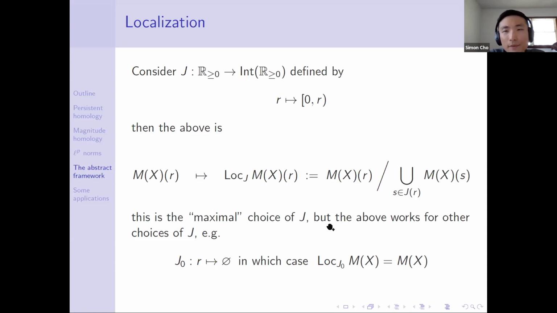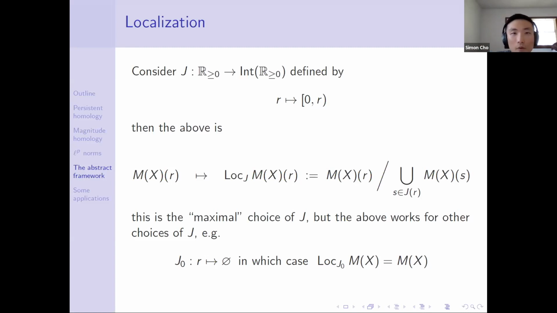But this construction is actually more general. You could have chosen some other J. For example, you could have chosen the minimal J where you return the empty set for each R, in which case localization doesn't do anything, and it just gives you the original complex back. But you could have something in between.